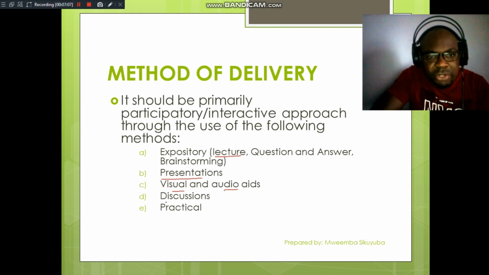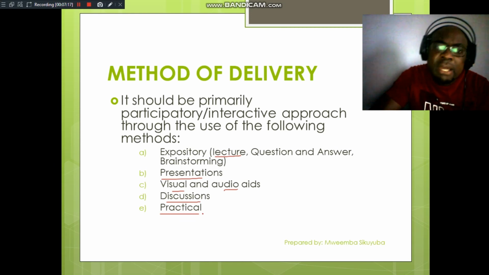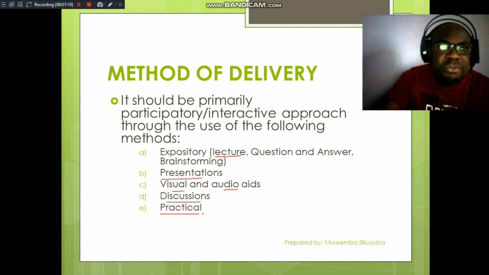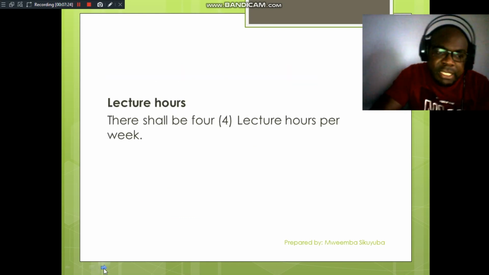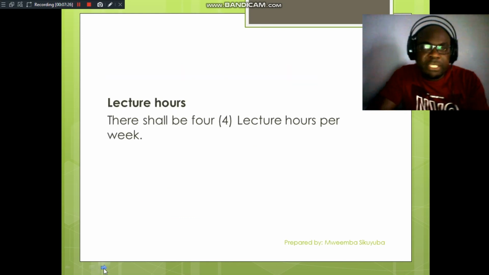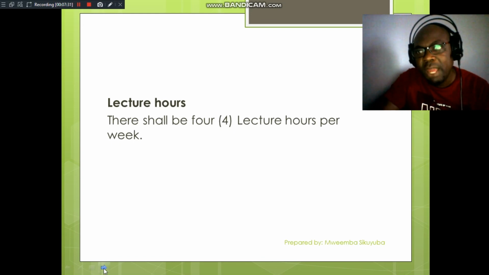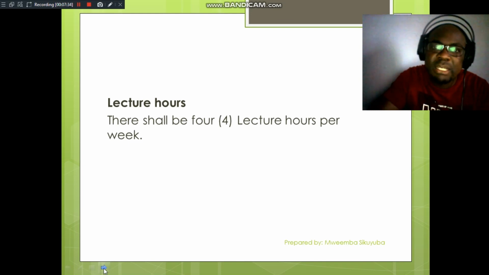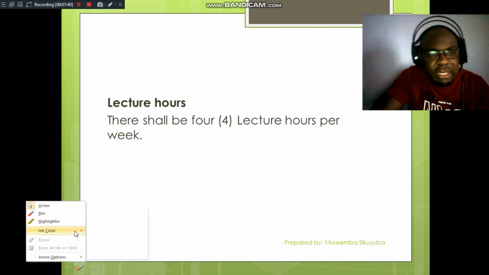We are going to have group discussions centered around computer security, and practicals also centered along computer security. This will be our mode of delivery. It is expected that there shall be 4 hours of lectures per week in this course, so let's make sure that we attend all those lecture hours.